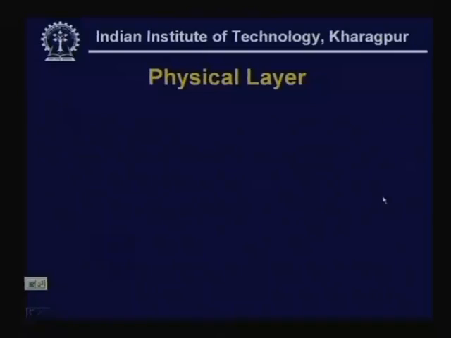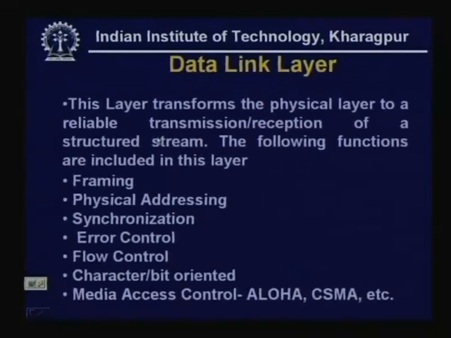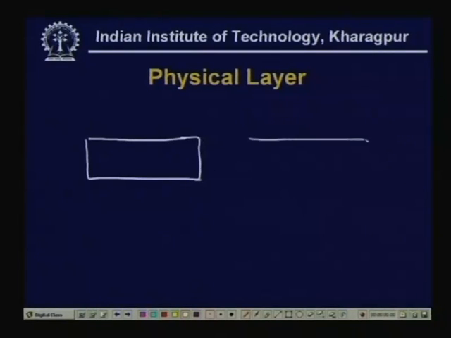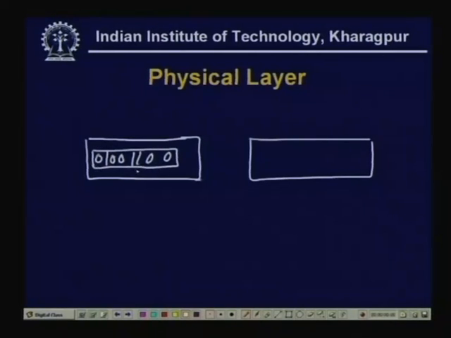Let me explain with the help of a diagram how the physical layer will communicate. Suppose this is one side of the physical layer, and say you are sending 0 1 0 0 1 1 0 0. This particular data, a raw bit stream, is sent through a physical medium to the other side.